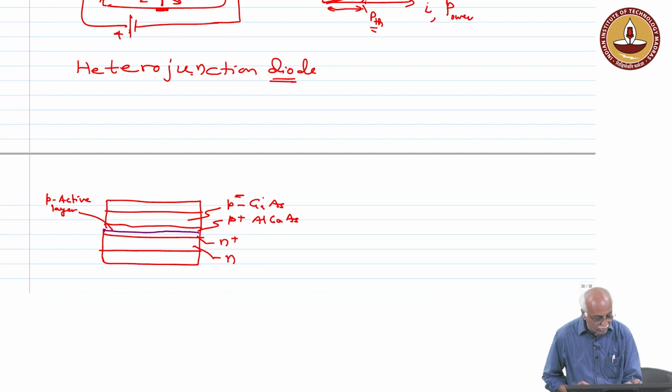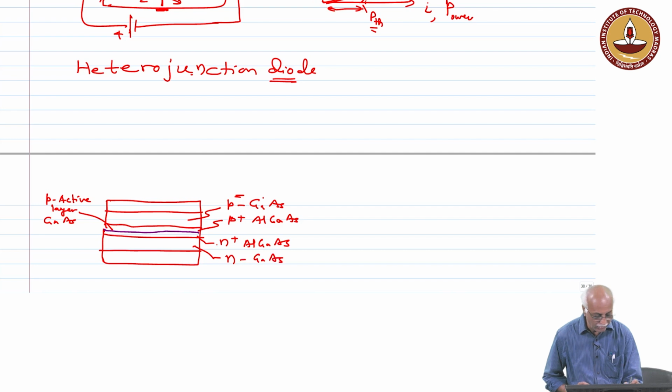Okay, and this confining layer is also heavily doped. N plus, heavily doped, is also aluminum gallium arsenide material. Okay, and this is gallium arsenide.